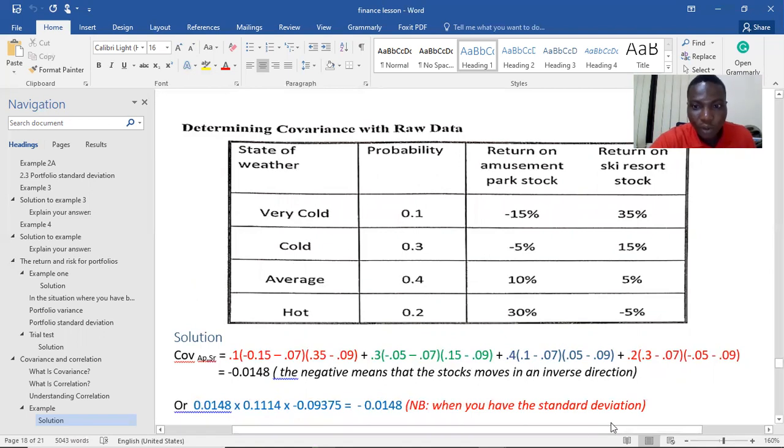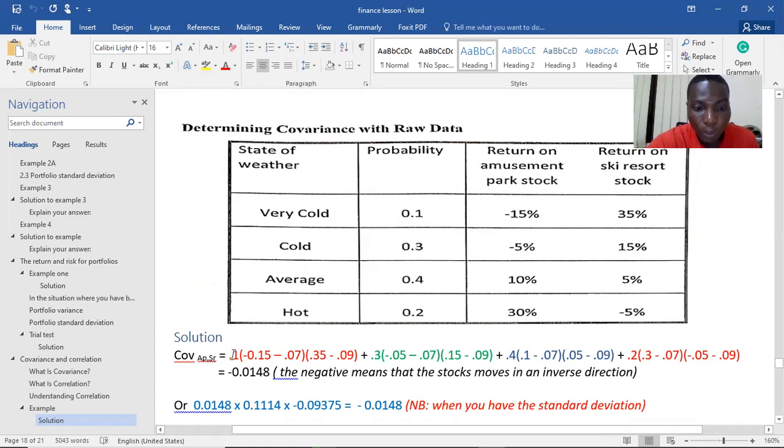Now, the expected return for investment 1 they gave you was how much? 7%. And the expected return they give you for investment 2 is how much? 9%. The required returns are the 15, 5, and negative 15, negative 5, 10, 30 you are seeing here. The required return for investment 2 is the 35, 15, 5, and negative 5 you are seeing here.